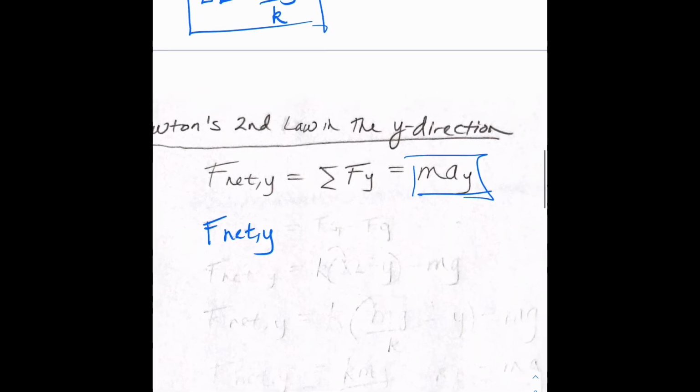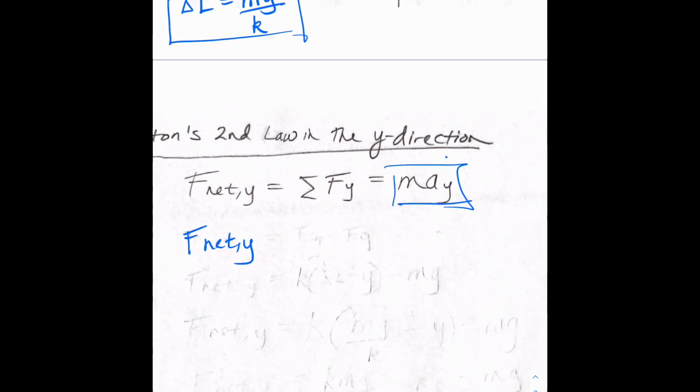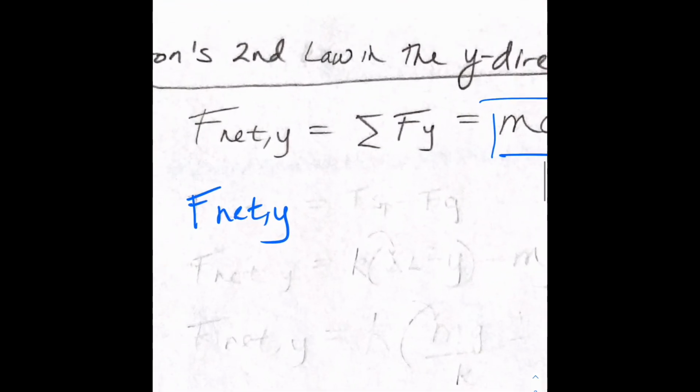The acceleration is actually going to be some negative number, it's going to point downwards, because remember, the acceleration points in the same direction as the net force. And the net force here was downwards, towards new equilibrium. All right, so coming back to this then, we can say the force net is equal to force spring, which points upwards, minus force gravity, just like before.